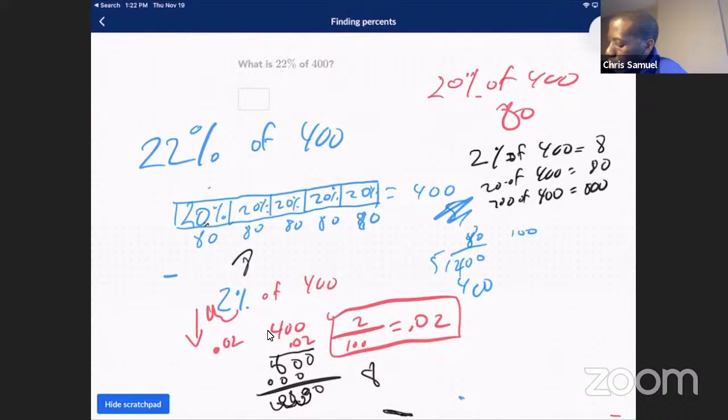And then we have 0, and then we have 60, and then we have 0, and we have 20. So that goes out there. I feel like that wasn't it.